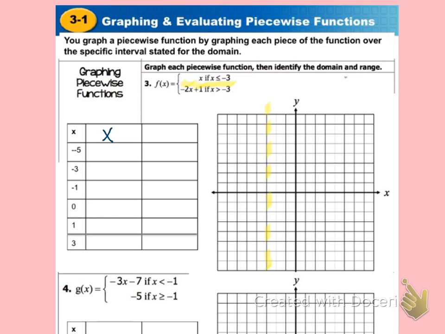We're going to graph that one there, and then the other one would be -2x plus 1. And so our outputs basically are going to be found by putting the inputs in each of these pieces of the function. Now if the input is -5, I'm going to come up here and use this piece right here because it says that's true for when x is less than or equal to -3.